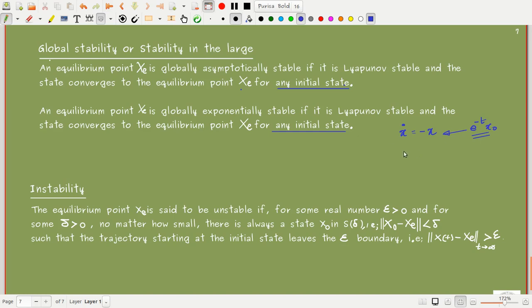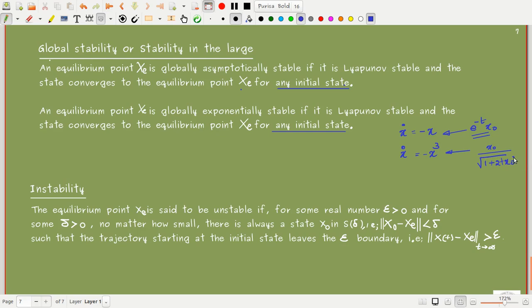So you might be confused about that. If I have x dot is equal to minus x cubed, the system is also stable, definitely going to the equilibrium point as t tends to infinity. But here I don't have an exponentially stable condition. Because if I have an initial condition x0, the solution is of some 1 by square root form, something like x0 divided by the square root of 1 plus 2 t x0 squared.